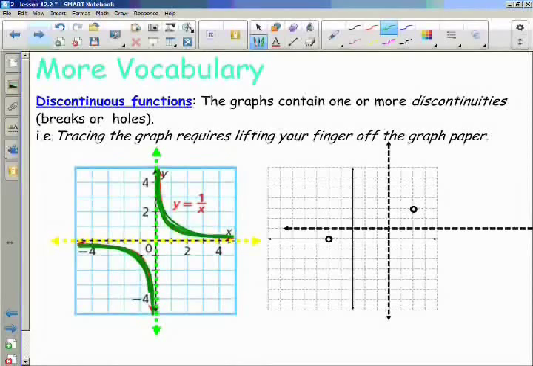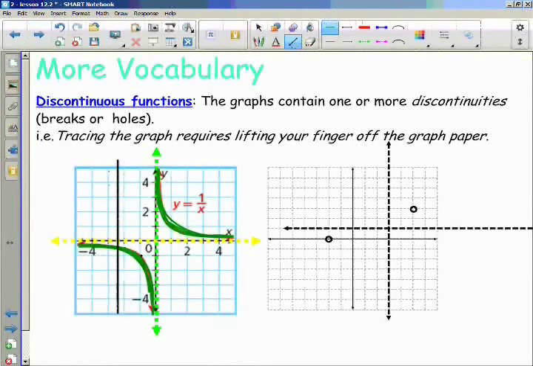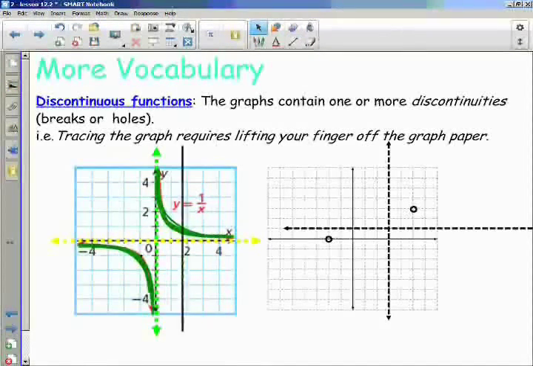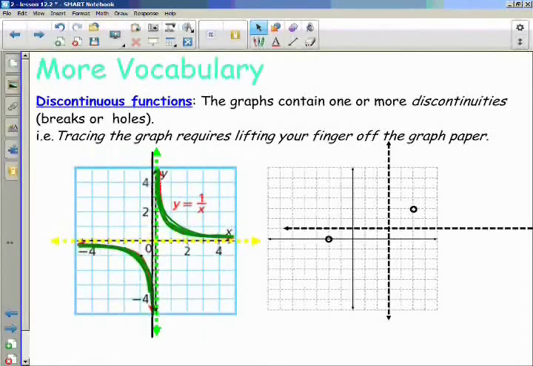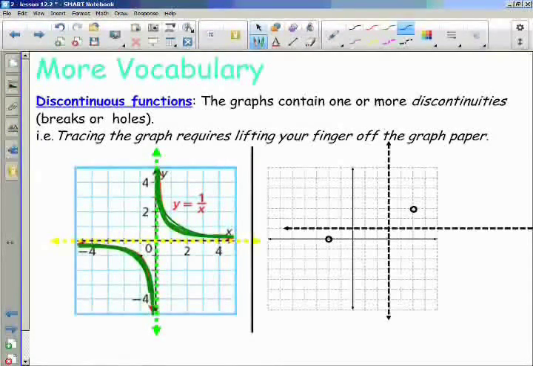And it is a function, however, if you think about it, it always passes the vertical line test. Okay? So it is a function. It's simply not connected. It's discontinuous. And if we go over here, this is a graph that has what we call a hole or removable discontinuity.